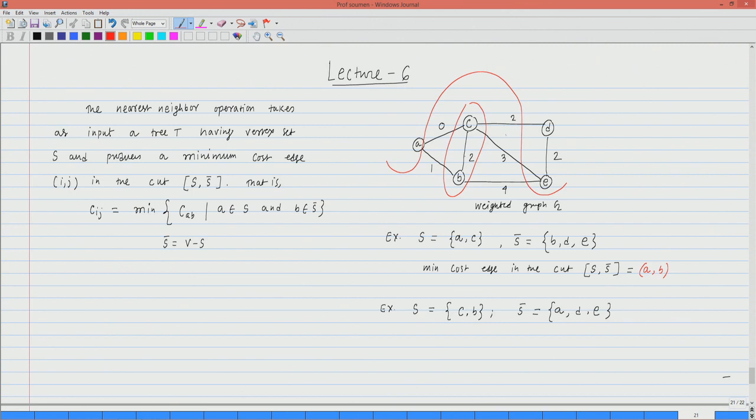The cut consists of these edges, this edge, this edge, this edge, this edge and this edge.